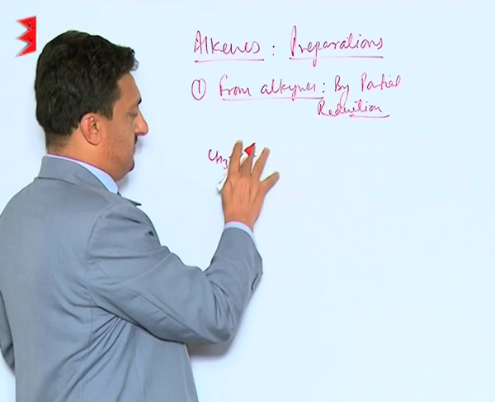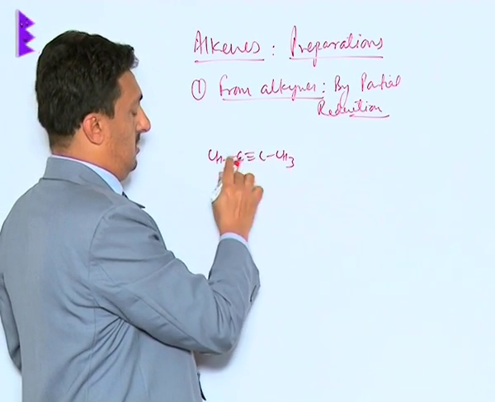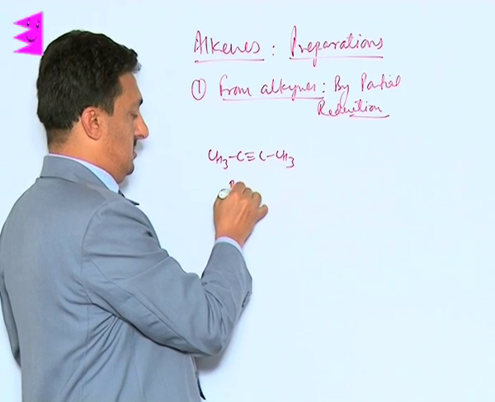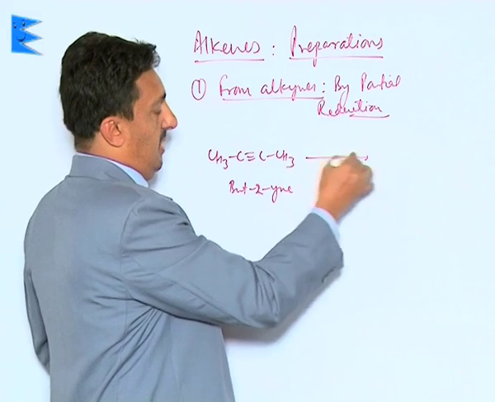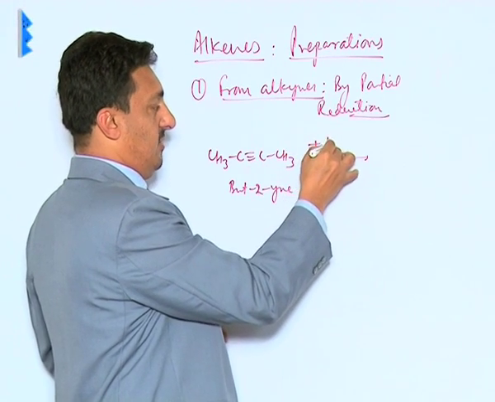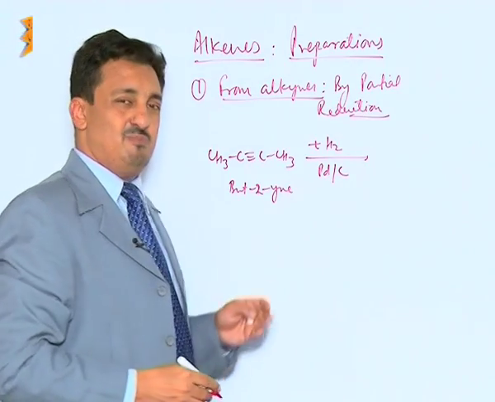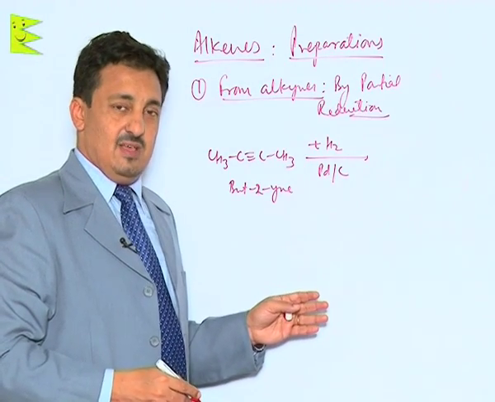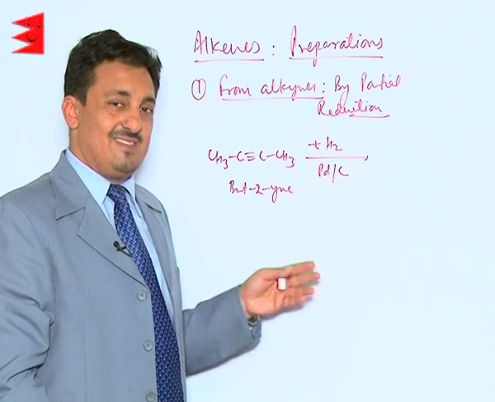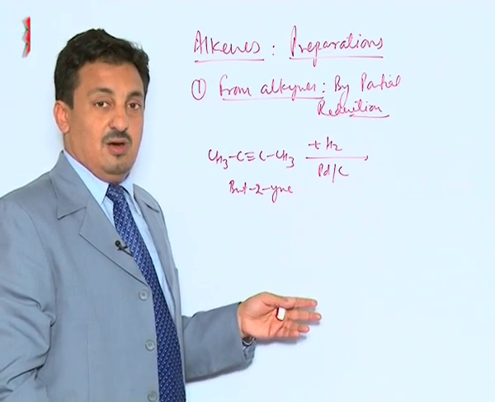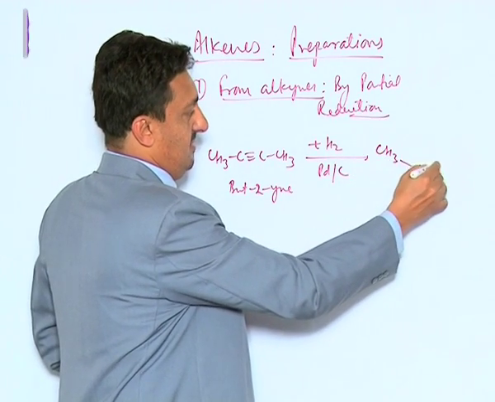Suppose we have this but-2-yne, and we reduce it by taking hydrogen in the presence of palladium on carbon, partially poisoned or partially deactivated by using poisons like sulfur and quinoline or xylene. What we get is this alkene.